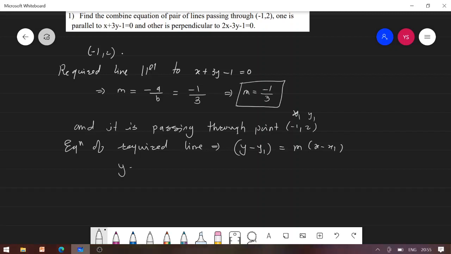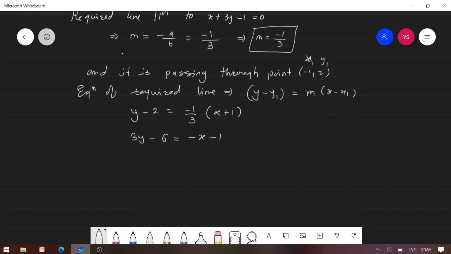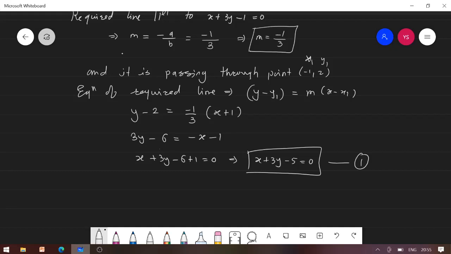So replacing by their values, we have y - 2 = -1/3 times (x - (-1)), which is x + 1. After shifting 3, we have 3y - 6 = -(x + 1), distributing minus 1 over the bracket. Converting it to the standard form ax + by + c = 0, we have x + 3y - 6 + 1 = 0. So that implies x + 3y - 5 = 0 is the required one line. Call it equation number 1.